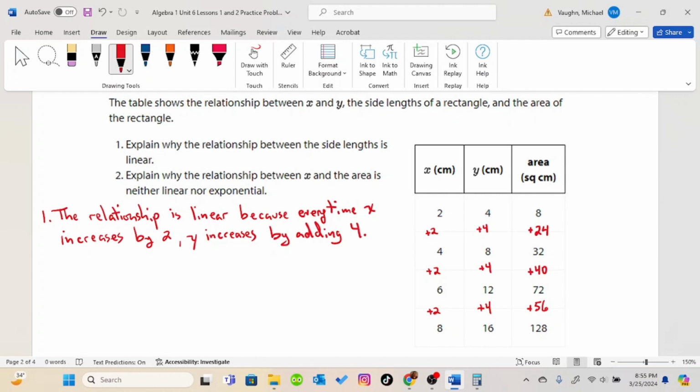If I'm looking for a common factor, I could say times 4, but then the next time it's times 2 point something, and the next time it's times 1 point something.